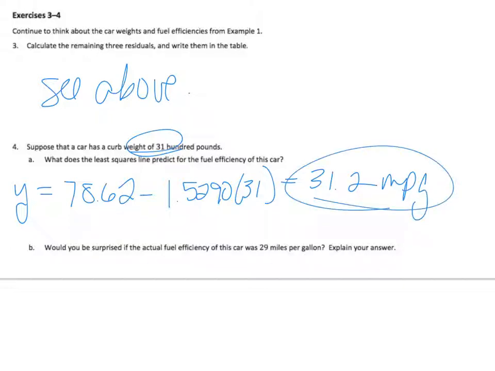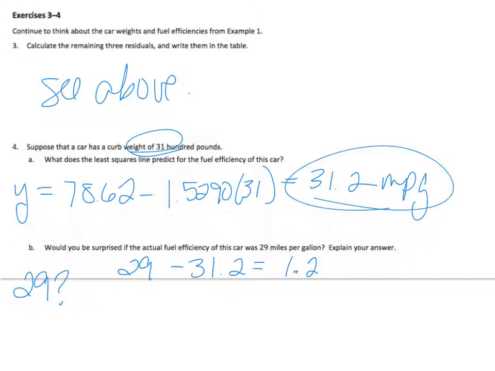Would you be surprised if the actual fuel efficiency in this car was 29 miles per gallon? If you look at the chart, I'm going to do actual minus predicted, and that gives me 1.2 as a residual.